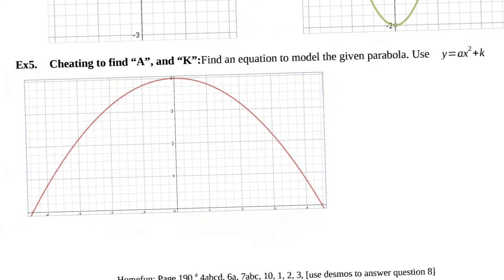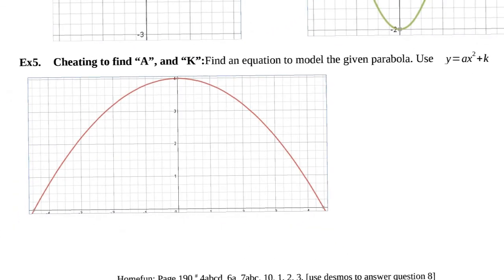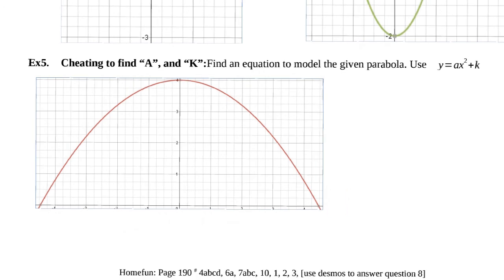And finally, the last trick of the day for you. So let's say I have a parabola that looks like this, and I want to cheat to find the answer real quick. The key is to look for the vertex. So first, we find the vertex. In this case, the vertex is 0, 4.